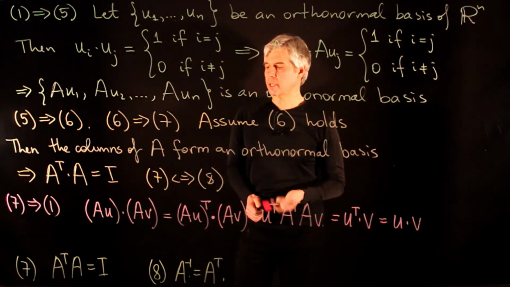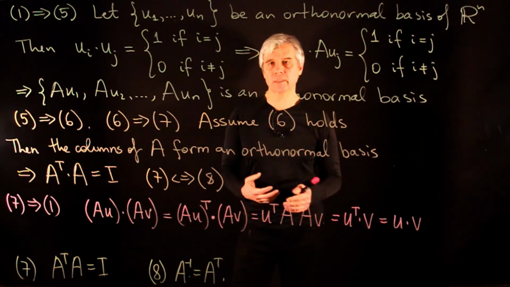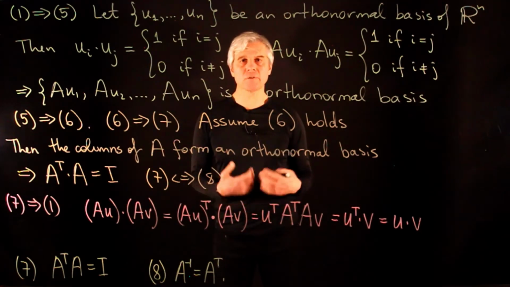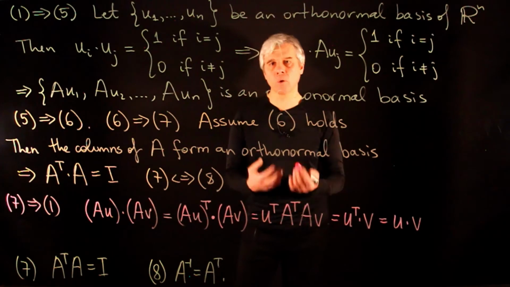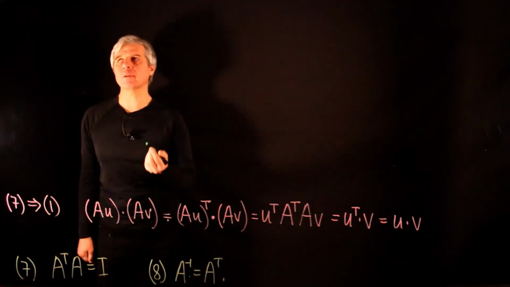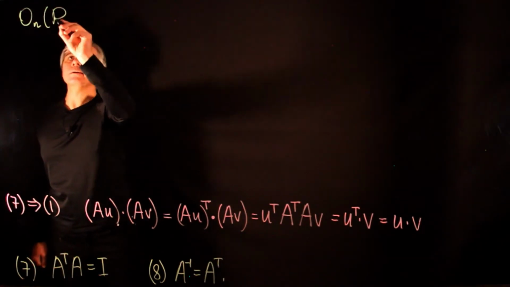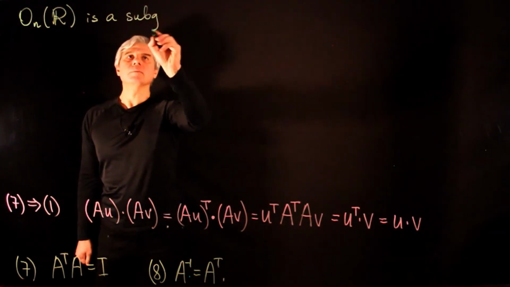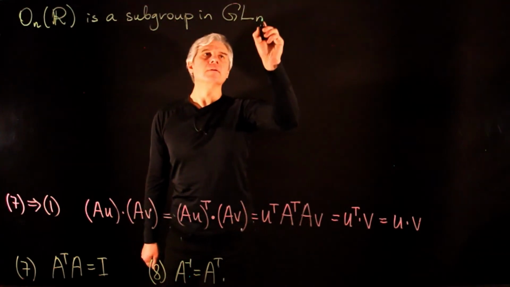Let us point out that the condition that A preserves the unit sphere is a geometric condition. It is nice to think of orthogonal transformations as symmetry transformations of a geometric object. Since we interpreted orthogonal transformations as symmetry transformations, we conclude that O_N(R) is a subgroup in GL_N(R).